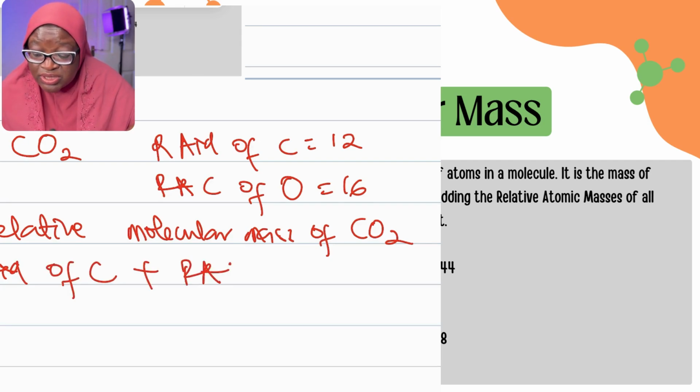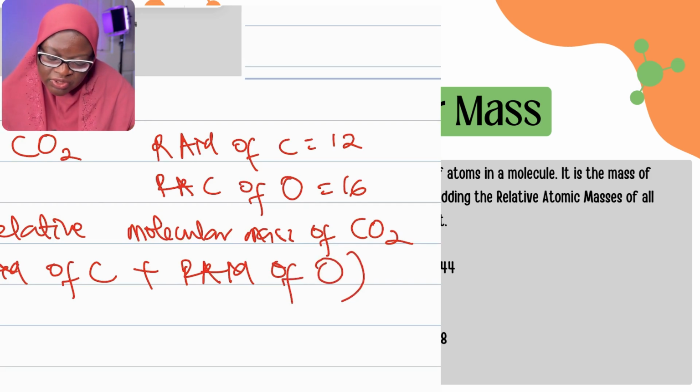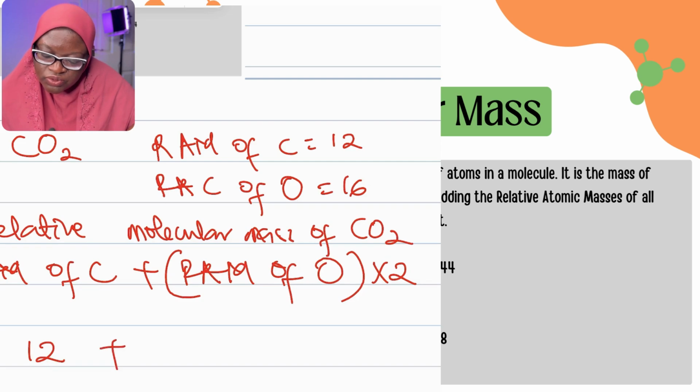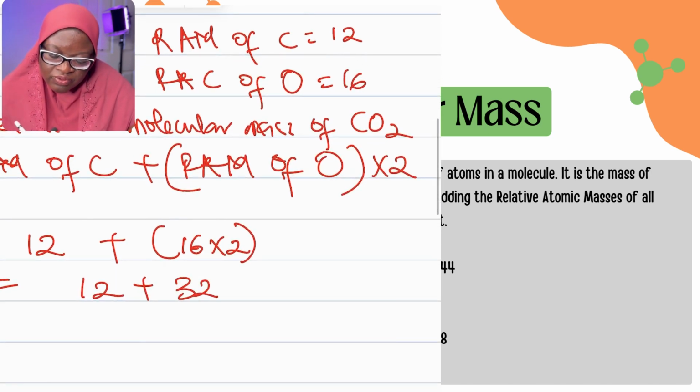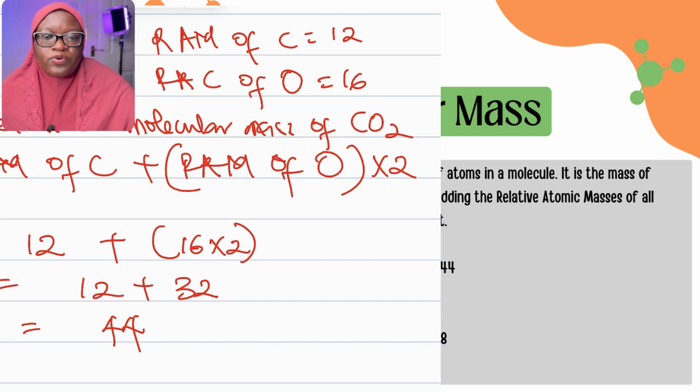But we have two oxygen, so it's going to be times 2 because we have two atoms of oxygen. So that is going to be 12 plus 16 times 2, and that will be 12 plus 32, and that is going to be what? 44. The relative molecular mass of CO2 is 44.